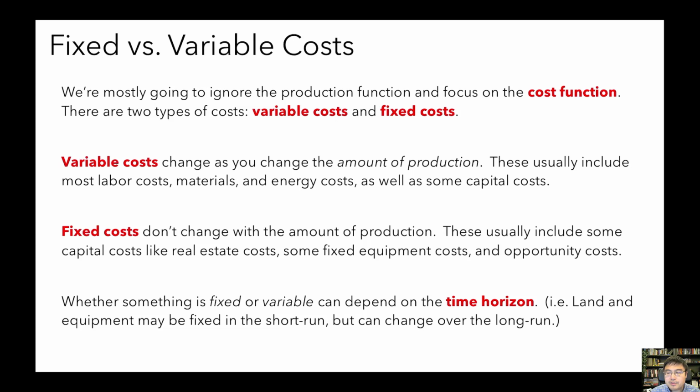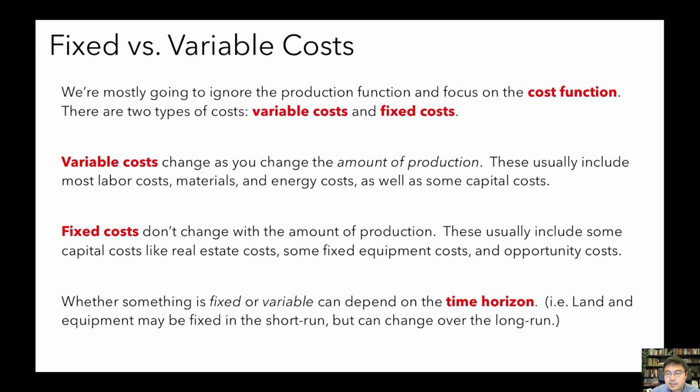So going back to our coffee shop example, the variable costs for a coffee shop are going to be the number of baristas it employs. As it wants to serve more drinks, it's going to need to employ more baristas. Maybe the number of espresso machines that it has. Definitely the amount of coffee beans that it purchases and the amount of electricity that it uses up. Okay. So again, variable costs are costs that increase as you want to increase the amount of production.